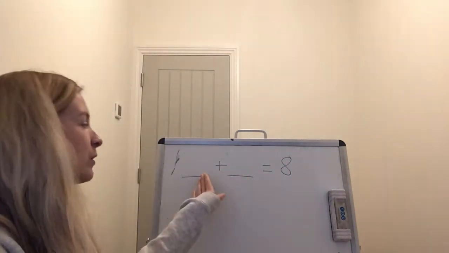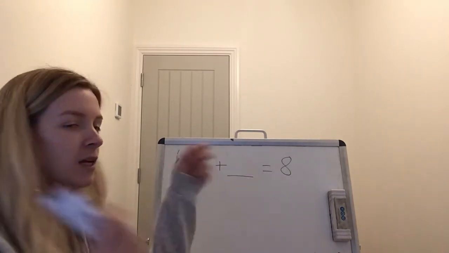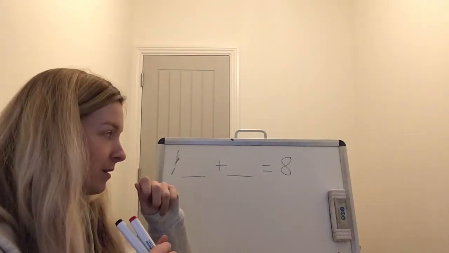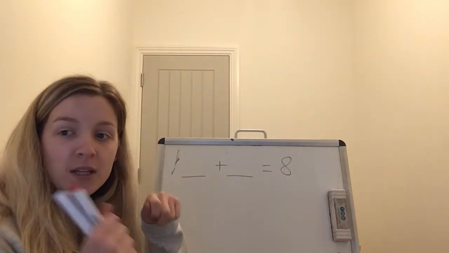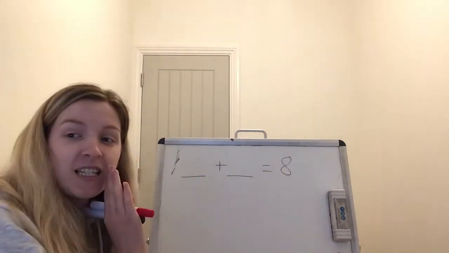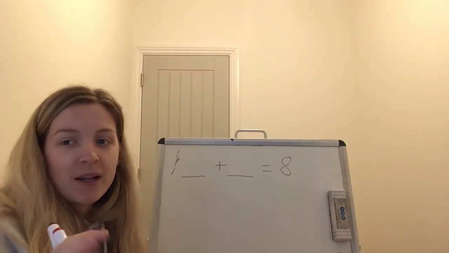And then you can put them into 2 groups to see which 2 numbers add together to make 8. You might get 8 pens, okay? If you pause and do that now, see which 2 numbers, there are different options that you can get in there. Pause the video and do that now.